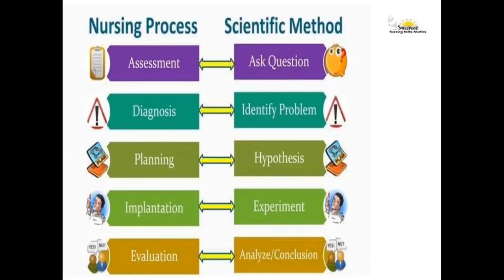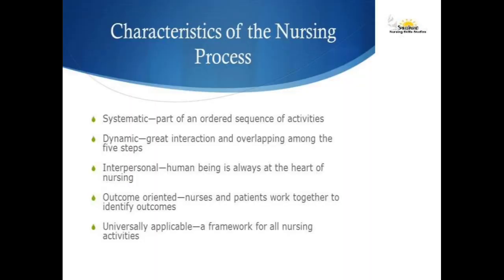And how are we going to compare nursing process with the scientific method? And this is how we are going to compare it. The characteristics of nursing process include systematic, dynamic, interpersonal, outcome oriented, and it should be universally applicable.